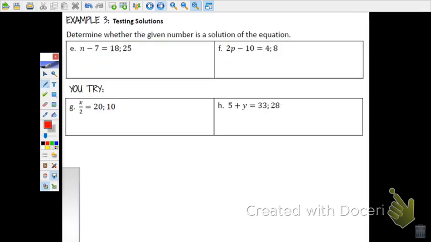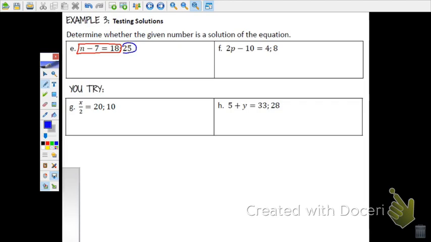In this third example, instead of doing a replacement chart, they are just giving us a solution to test. So when I look at E, I see two things. I see an equation, n minus 7 equals 18, and then after the semicolon, I see a number. So that's the number they want me to test.